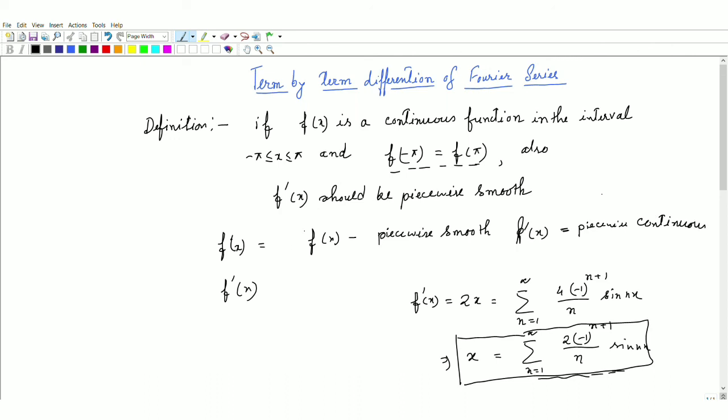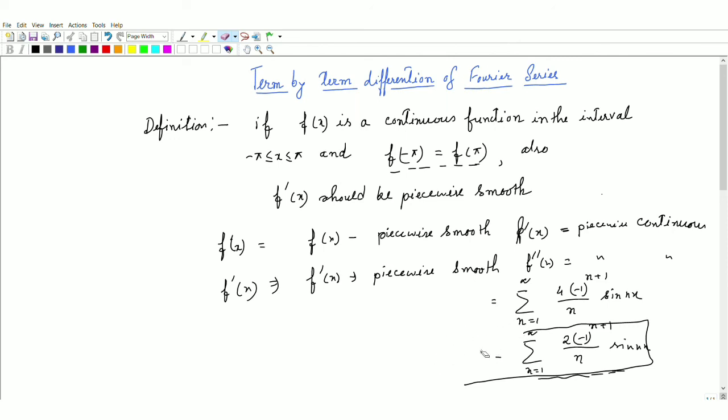Here, when we are talking about the Fourier series of f dash x, that is after differentiation of f(x), we have to say that f dash x should be piecewise smooth on that defining interval, means f double dash x should be piecewise continuous.